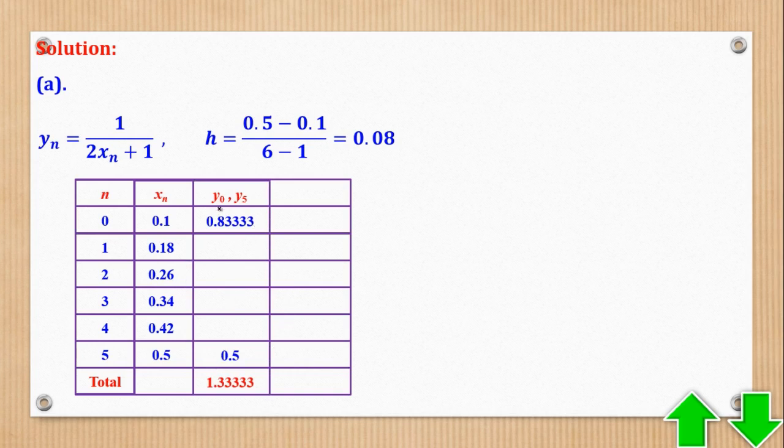What you should note is that we are using more than 3 significant figures. Here the question wants 3, but we have added 2 more to get 5 significant figures. Then for the intermediate ones, substitute when x is this, when x is this, and when x is this. Then add all these to come up with this.